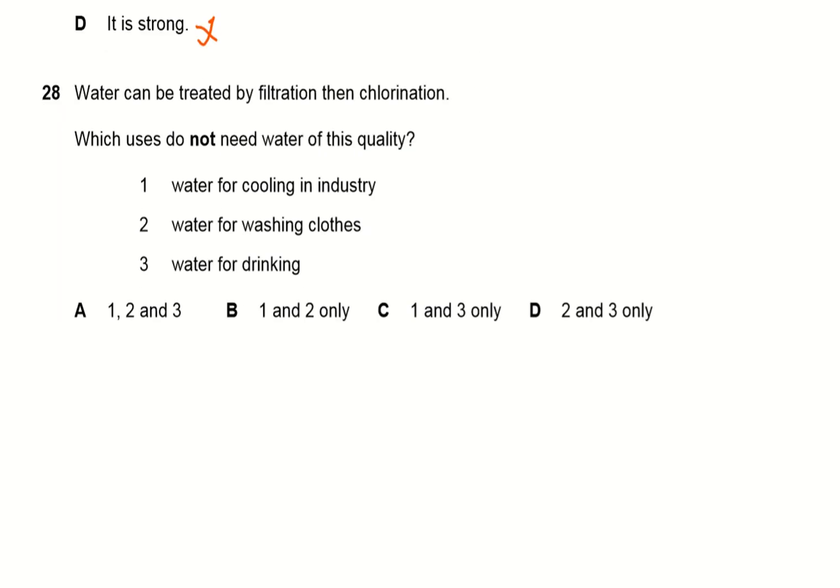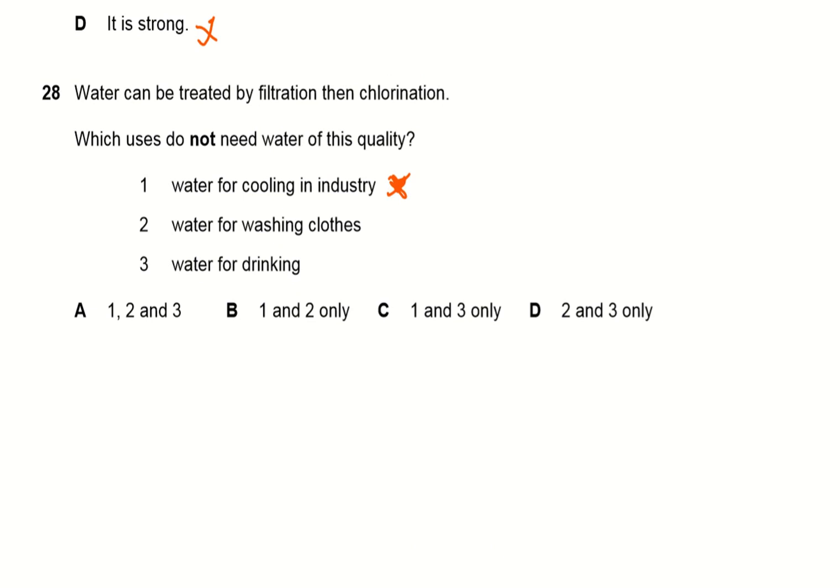Water can be treated by filtration, then chlorination. Okay, for cooling in industry, we do not need water to be chlorinated before we can use it for cooling. It doesn't need a high level of purity.